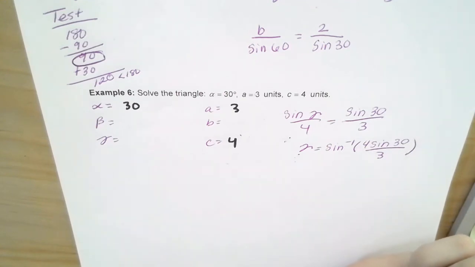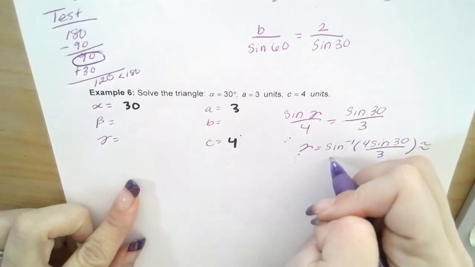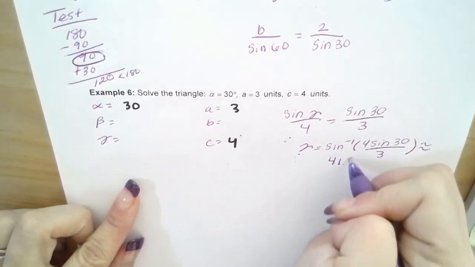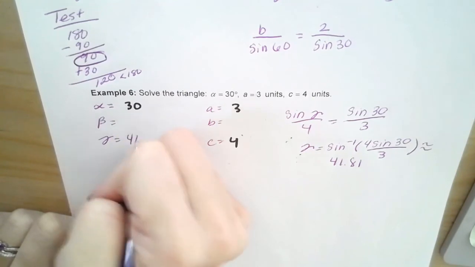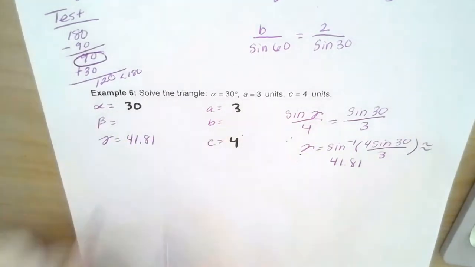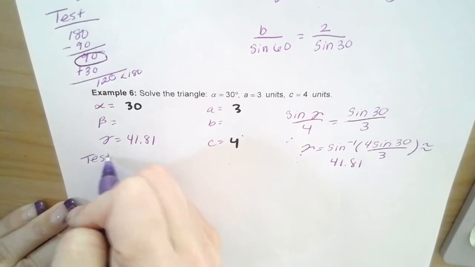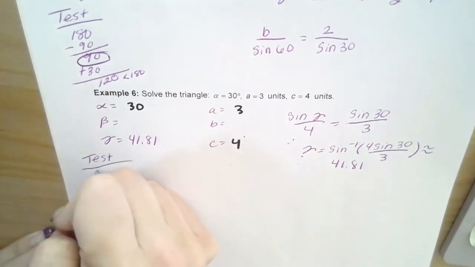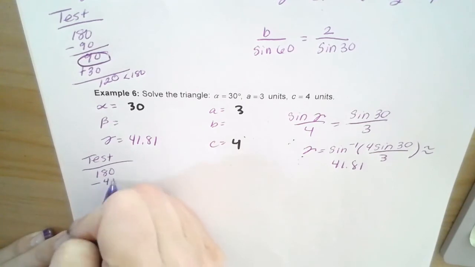Well, we get approximately 41.81. So I'm going to put that here, 41.81. Now here we have to do the test before we continue. Okay, so let's write down that test. So we have 180 minus the angle we just found.